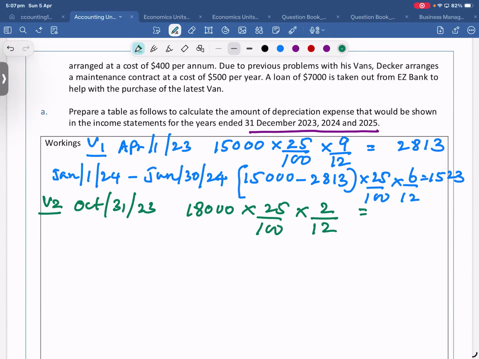So 2813 plus 750, which is 3563. Then we can calculate the carrying value. We basically take away 3563 from 33,000, which is 29,437.